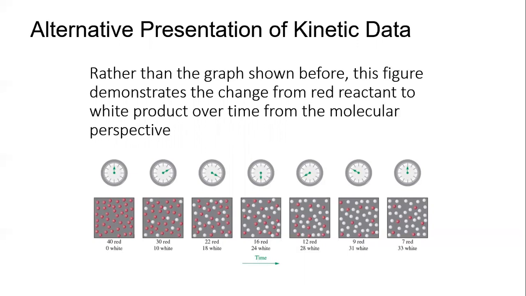So there has to be some type of way of knowing when either all the reactant is consumed or all the product has been produced. So we've got to look for a color change, or it could be a gas given off, etc. So that's what we're looking for when we're doing an experiment for kinetics. We're looking for how can we identify when all the reactant is consumed or product has been produced.